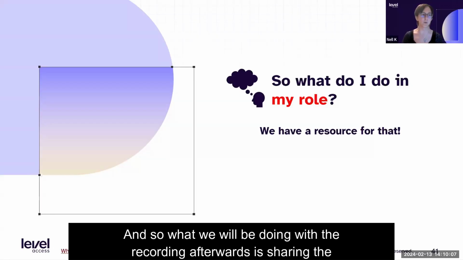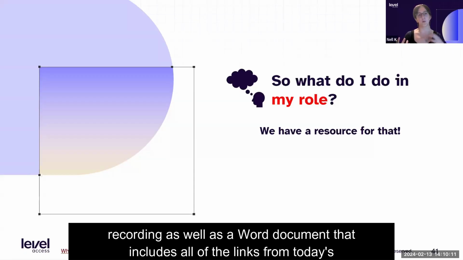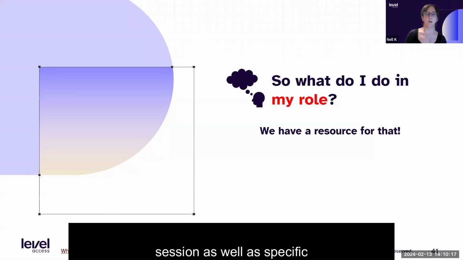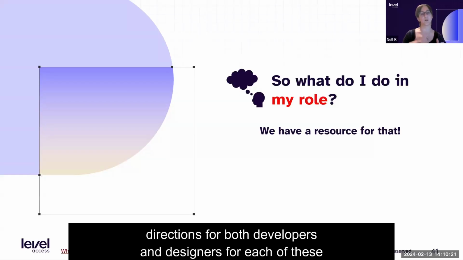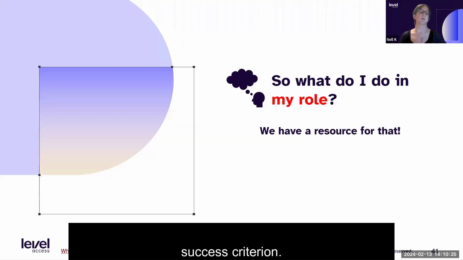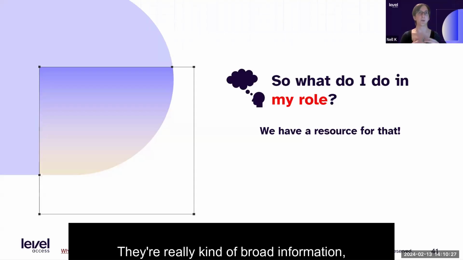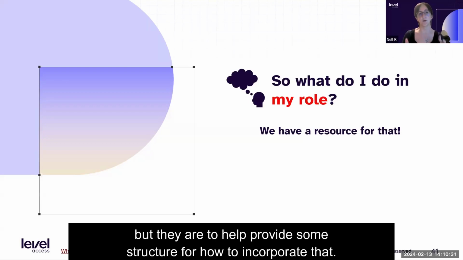What we will be doing with the recording afterwards is sharing the recording as well as a Word document that includes all of the links from today's session, as well as specific directions for both developers and designers for each of these success criteria. They're really kind of broad information, but they are to help provide some structure for how to incorporate that.